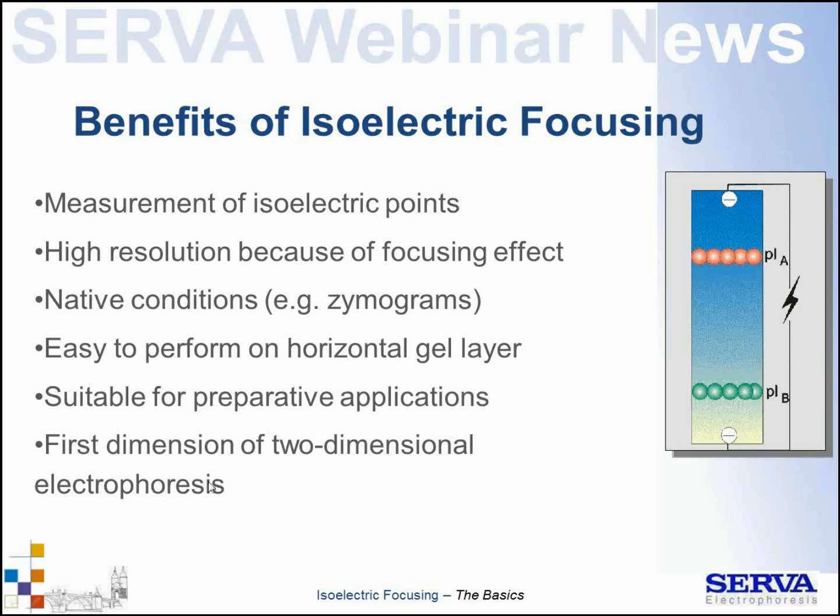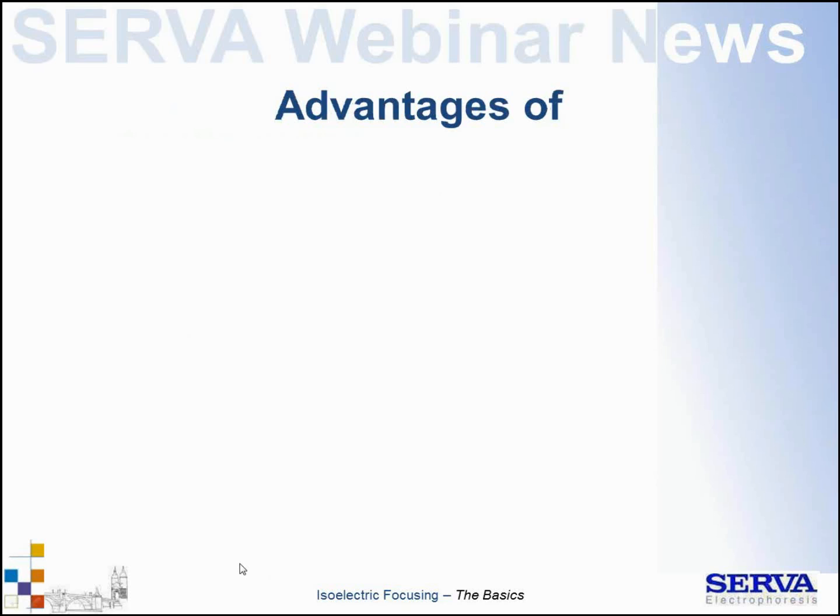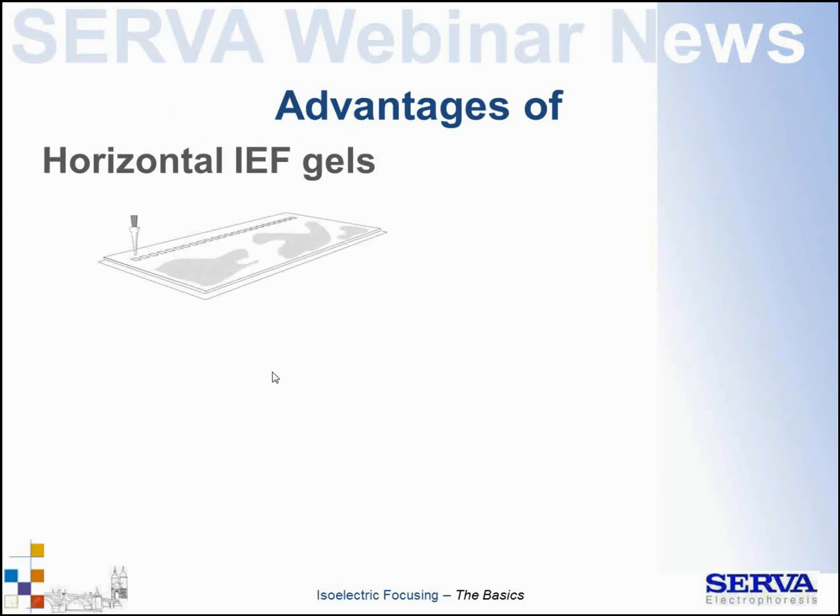So you have ideal conditions for two-dimensional electrophoresis for a very high resolution of a protein mixture. So what are the advantages of horizontal isoelectric focusing gels?